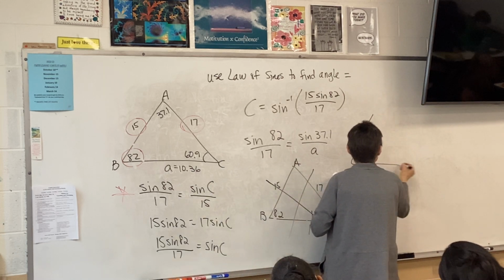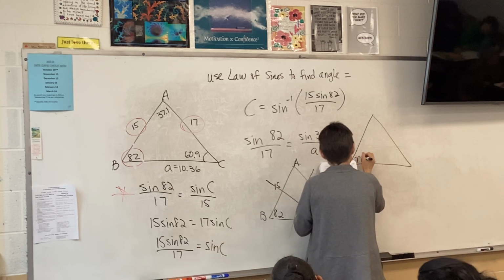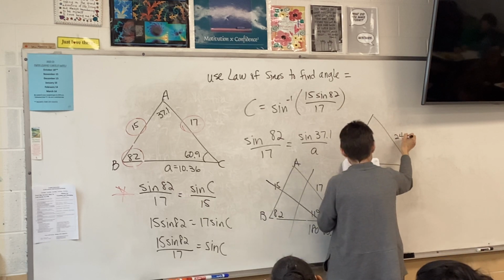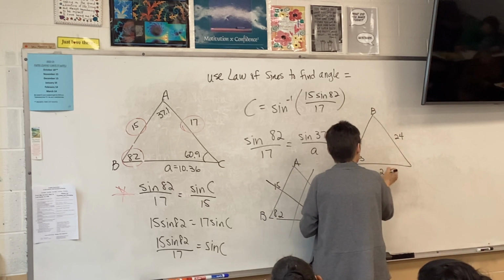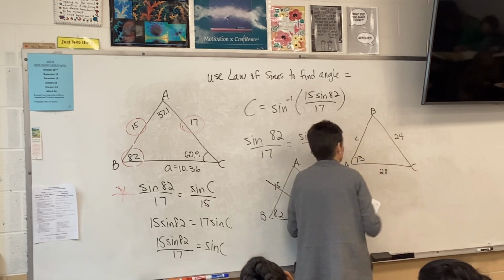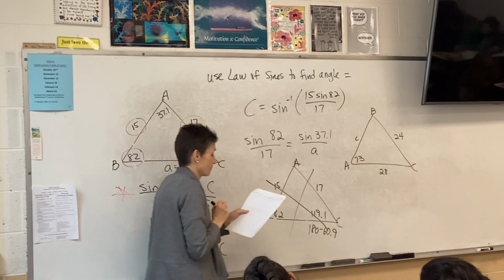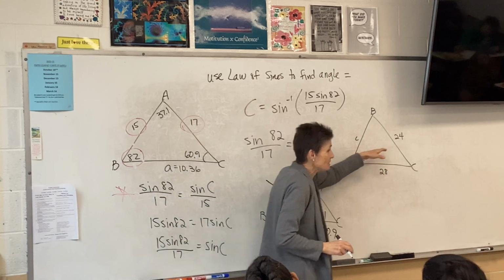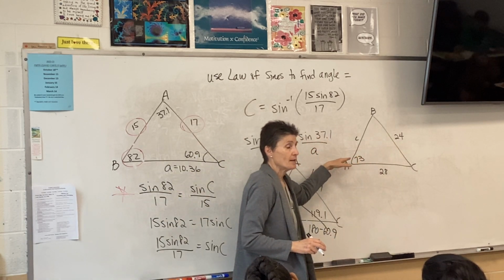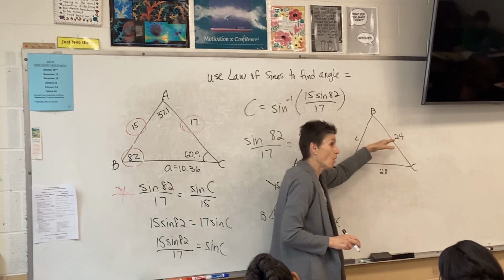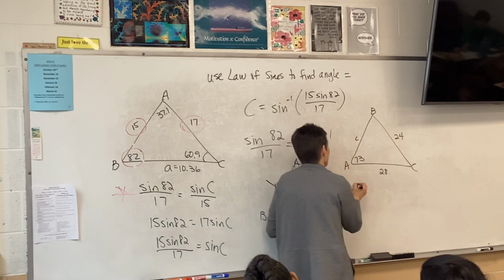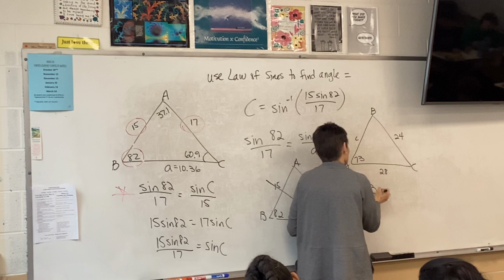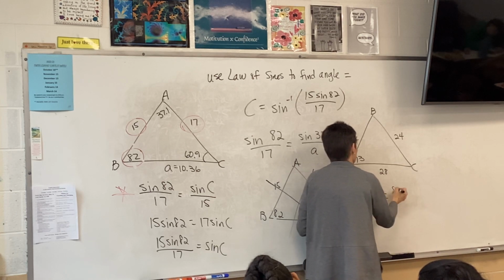All right, so here's the triangle. A is 73, A is 24, B is 28. So you see this right here, and you immediately think law of sines. You should think that, that's right.